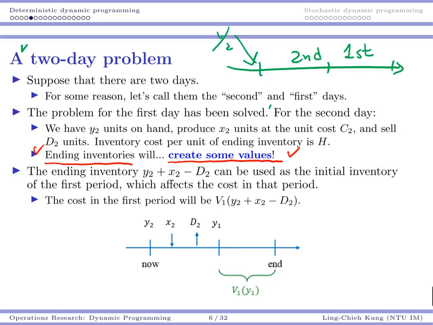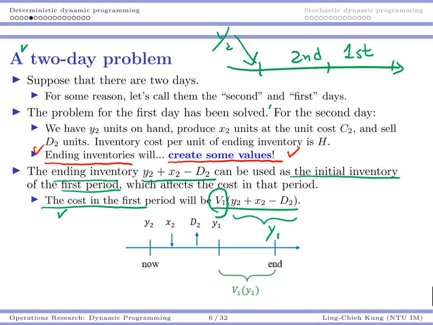As we say here, the ending inventory, which is y2 plus x2 minus d2, can be used as the initial inventory for the first period, which is going to help us reduce the total cost for that period. And what's even better is that for the first period, that cost is actually given. It's something that we know how to calculate. That is V1 of Y1, which is Y2 plus X2 minus D2.